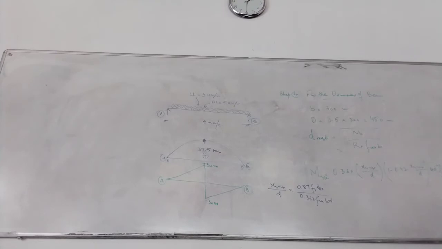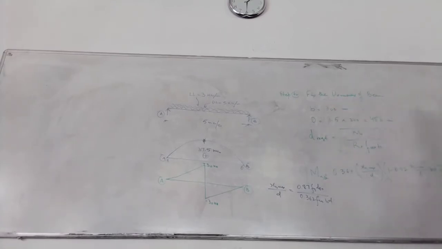Corresponding to Fy, there are values of XU max by D given. Now, if Fy is 250, XU max by D is 0.53. If Fy is 415, it's 0.48. If 500, then 0.46.